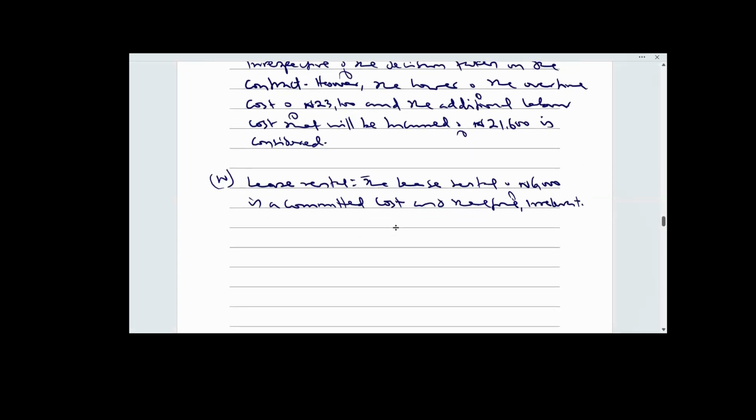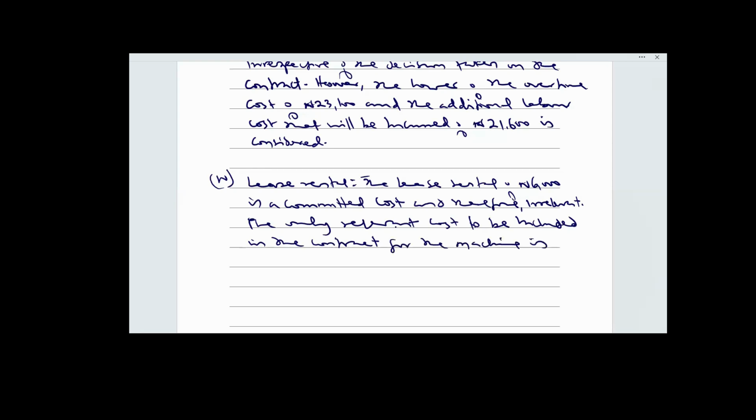So I can then go further to say the only relevant cost to be included in the contract for the machine is the variable cost of 70 naira per hour.